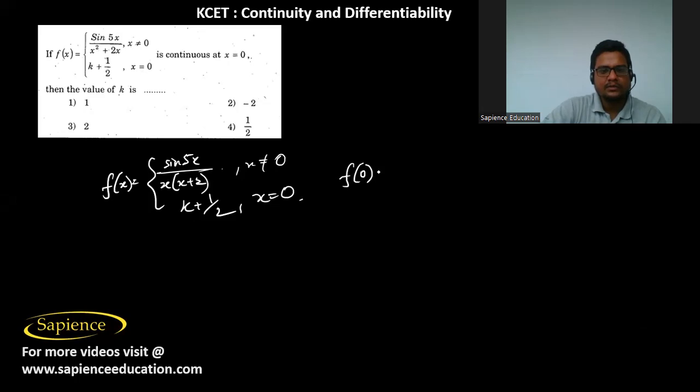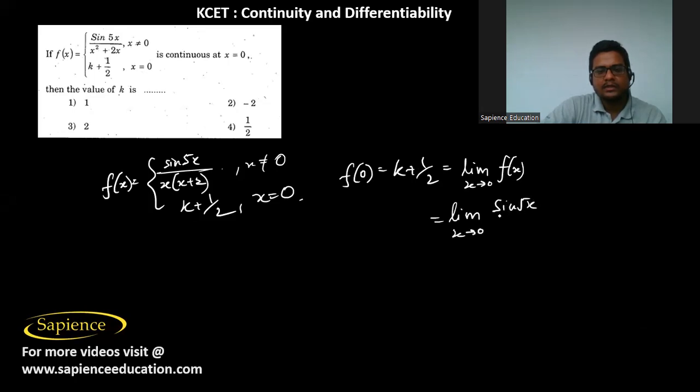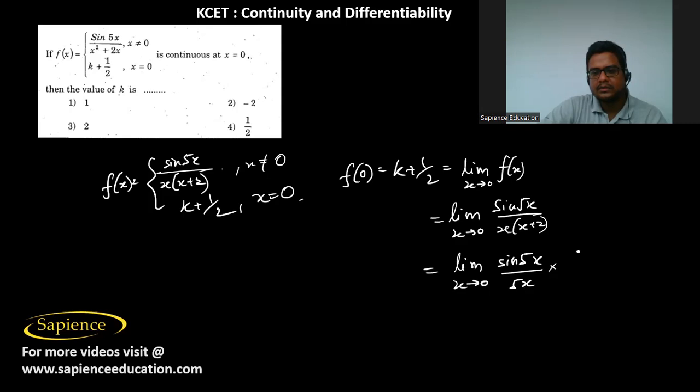It means f of 0, that is equal to k plus half, should be equal to limit x tends to 0 f of x, which is equal to limit x tends to 0 sine 5x by x into x plus 2. So this we can write as limit x tends to 0 sine 5x by 5x into 5 by x plus 2.